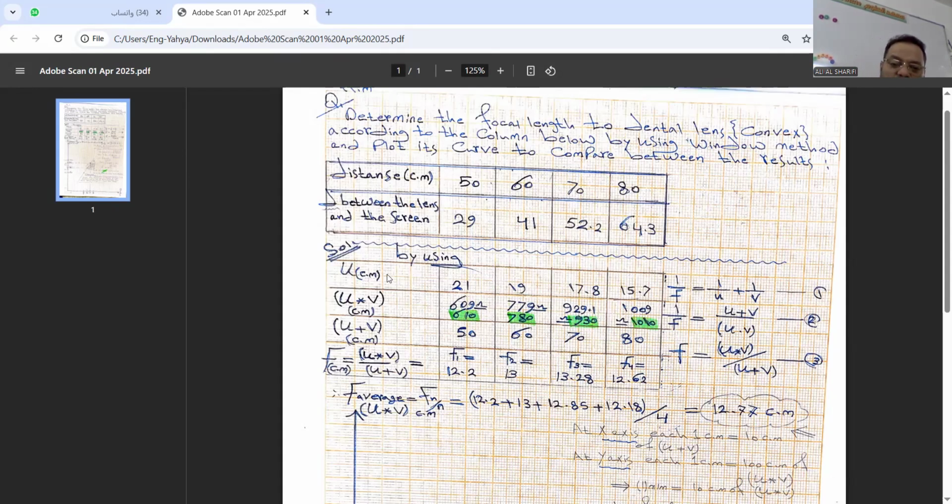By that, let's calculate all of U multiplied by V and U plus V, because we will use all of these results in the final focal length equation. I have all of these results. I did some number rounding because that will be very helpful when I start to plot the necessary curve.